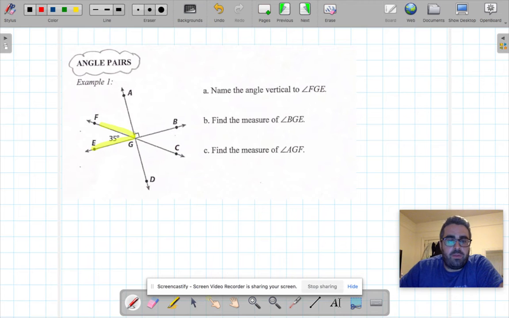So again, we're talking about angles whose sides are opposite rays. So if you kind of trace with your pencil, pen, across from ray GF and ray GE, if you just kind of trace across like I'm doing here, you'll see that the angle vertical to FGE is BGC.